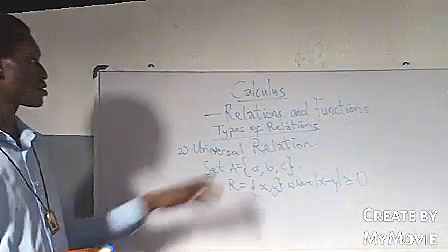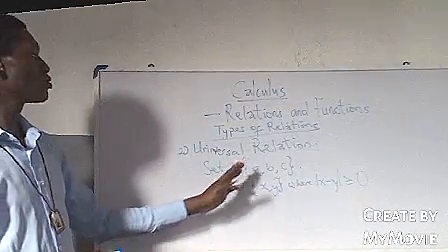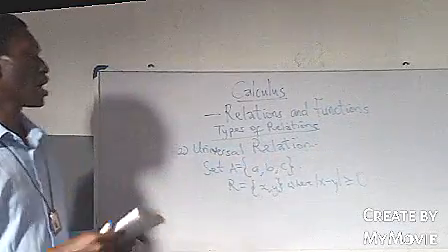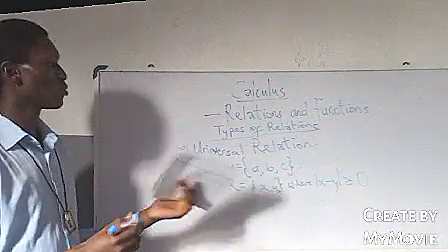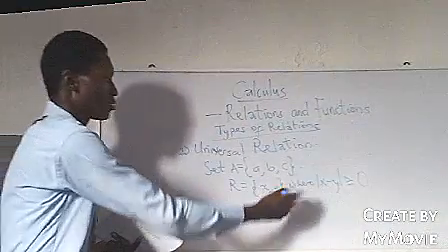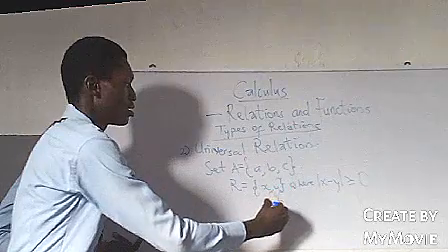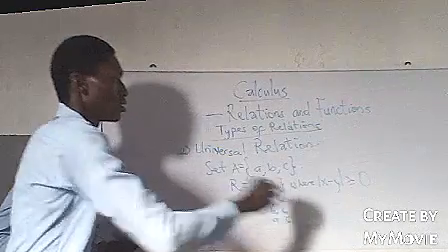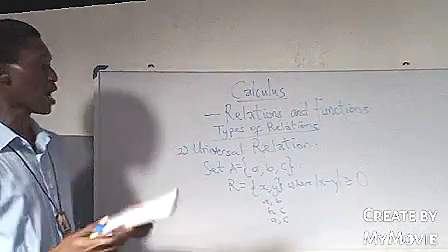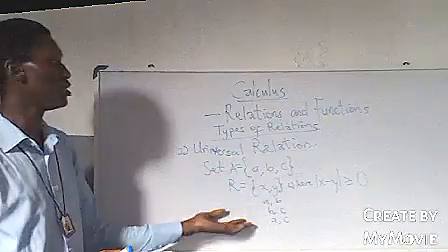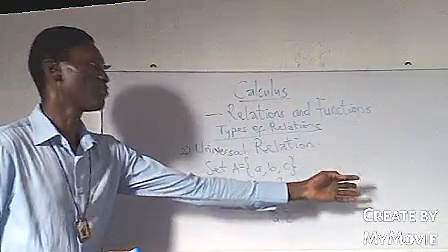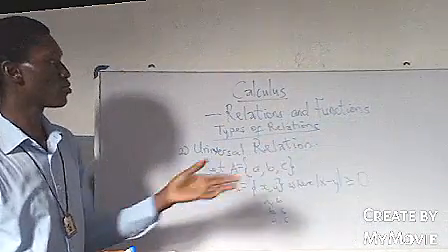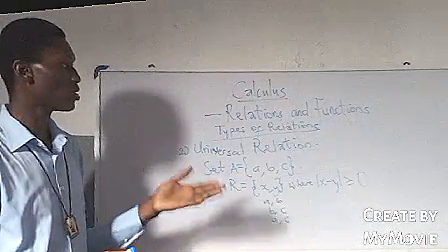Now, in this case, we don't know what A is, or B is, or C is, and we can make X and Y either A, B, B, C, or A, C. So whatever value we assign to A or B, we end up having a value that is greater than or equal to 0.